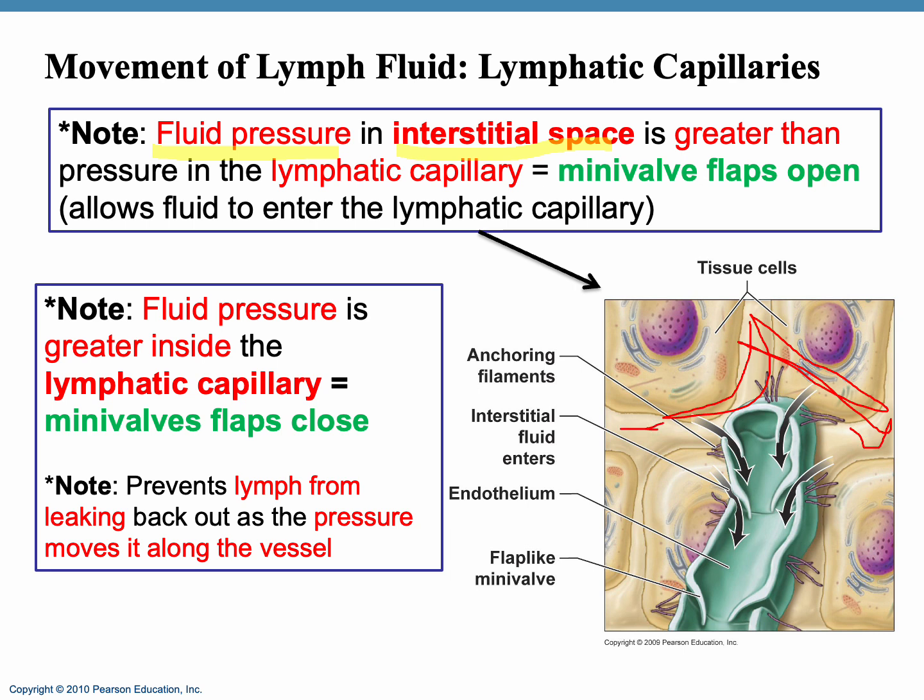When that fluid pressure in interstitial space is greater than the pressure actually in the lymphatic capillary, the valves open. So when pressure is real strong, it's going to lead to these mini valve flaps opening like this picture illustrates. You have greater pressure out here in interstitial space in comparison to the interior of your lymphatic capillary. So the valves open, and that allows for that fluid to go in here. So now we have the lymph, and the lymph then travels through the lymphatic capillary.